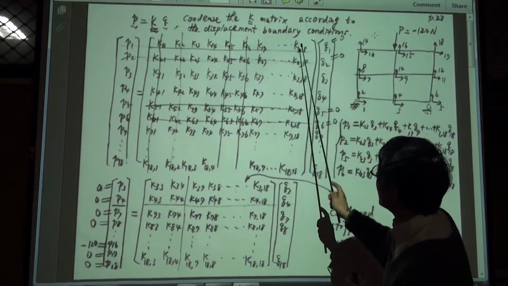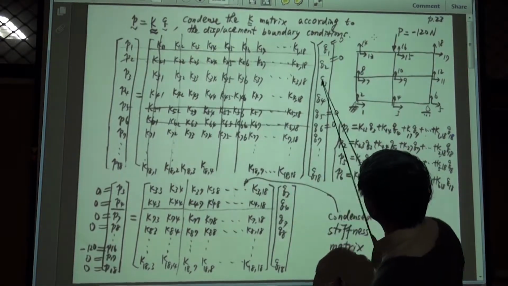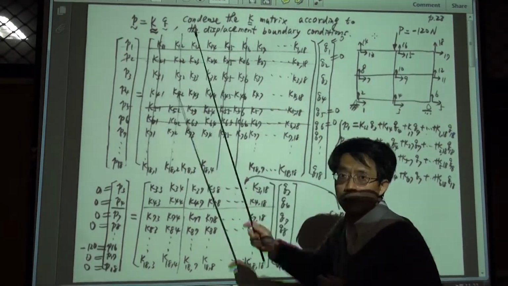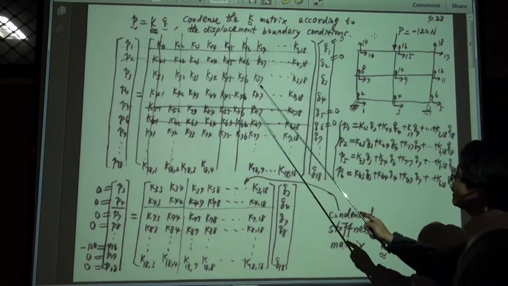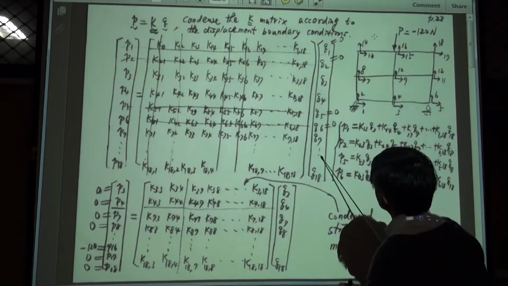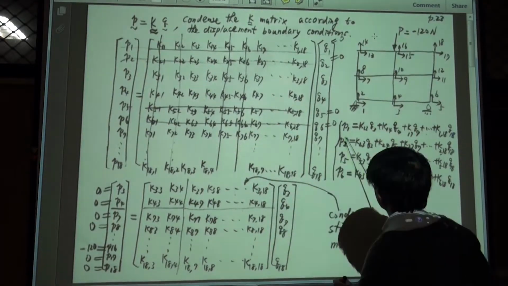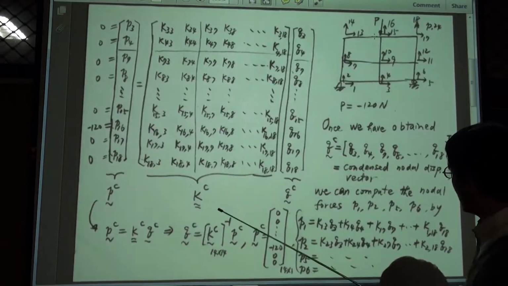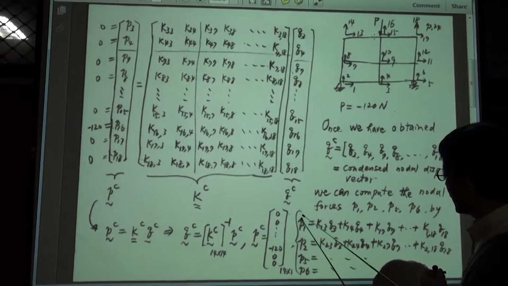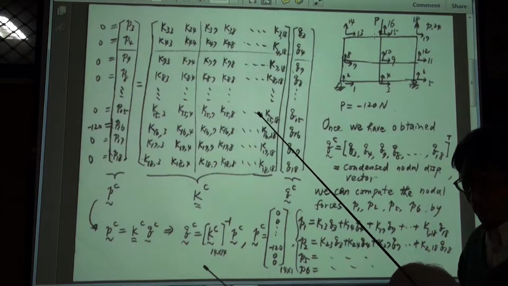The multiplication of this row with this column will give you P1, written right here. In the same way, this row and this column will give you P2, written right here. These are the formulas we need to calculate P1, P2, P5, P6.